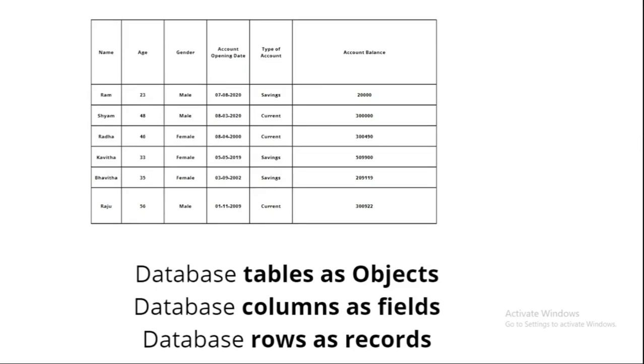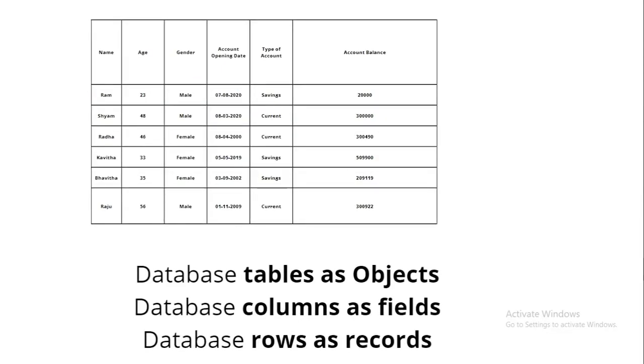Here you can see there are attributes like name, age, gender, account opening date, type of the account, and balance, and related data is mentioned below them. In Salesforce, we consider this entire table as an object, these columns as fields, and these rows as records.